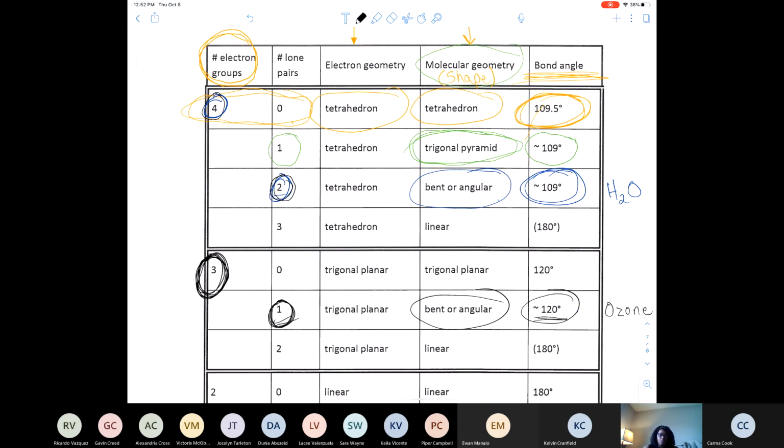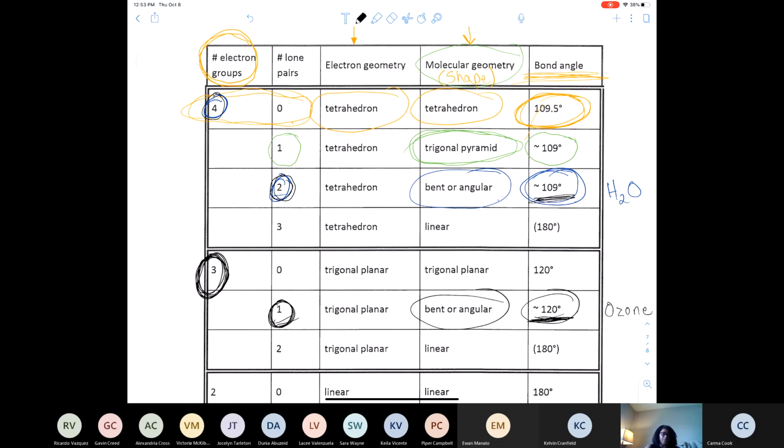And that is what attributes to the difference in the bond angles. Even though they both have a bent shape, ozone's bond angle is larger than water's, because water has those 2 lone pairs on the central oxygen. Ozone only has 1 lone pair on its central oxygen atom.